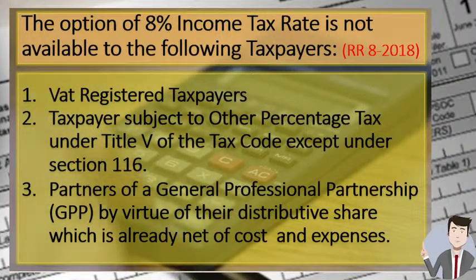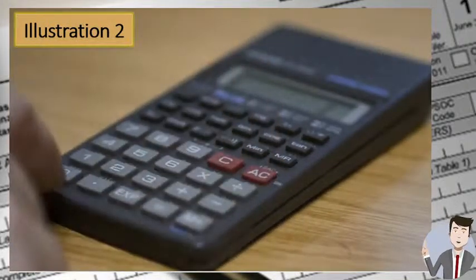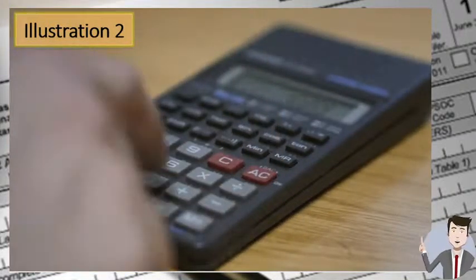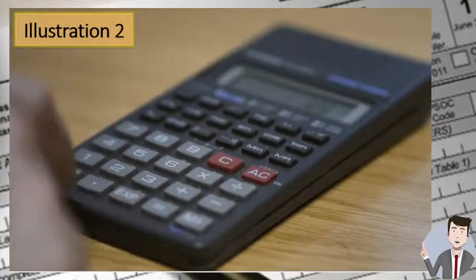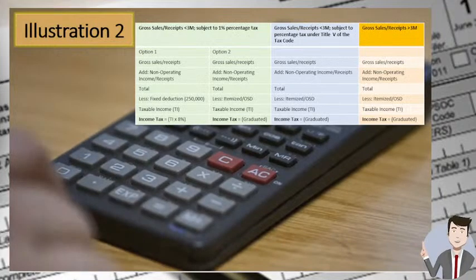Okay? Next. Illustration 2. More illustration. After this, I think I will provide additional assignments or homework so we can practice and apply what we have learned in this video. Okay, so the same guys, we perform a computation. I just copied it.